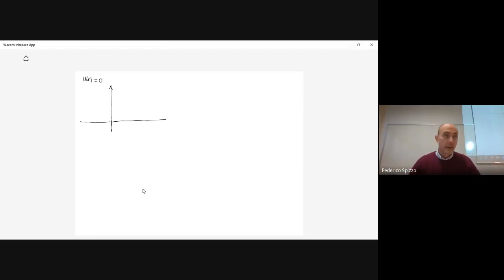Just to make the diagram simple, I make a one-dimensional picture because I'm not able to make a three-dimensional one here. Later on, I will also try to describe the two-dimensional one.